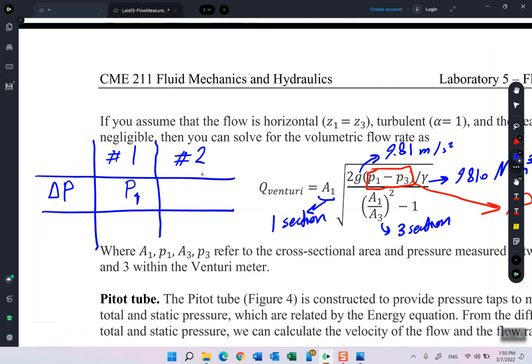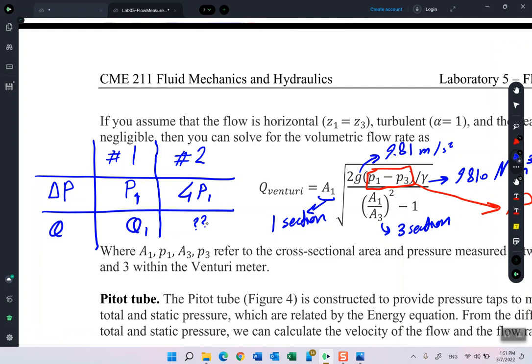For the second trial, delta P was 4 P1, four times P1. And Q for the first experiment was Q1, any value. What will be Q for the second trial? 2Q1, 4Q1 or 3Q1? Yeah, it's going to be 2Q1.